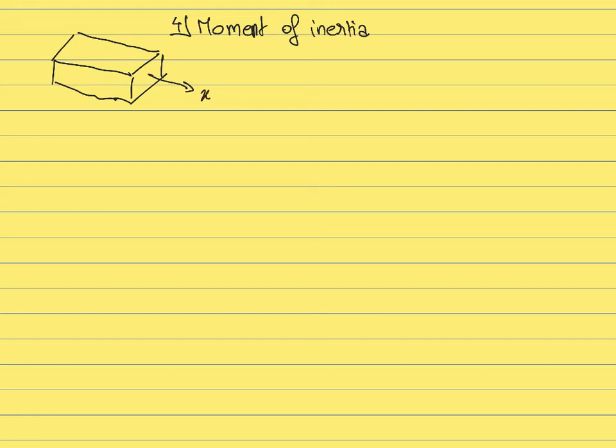So x is going to be the longitudinal axis, and then usually we define as y the axis that is going up. So if you look at this beam from the side, you have axis x, which is the longitudinal axis of the beam that defines its length, and then you have the axis y that defines the height of the beam.